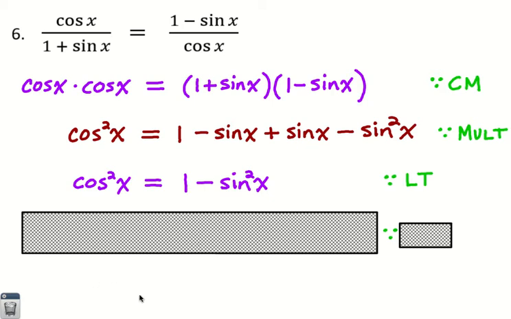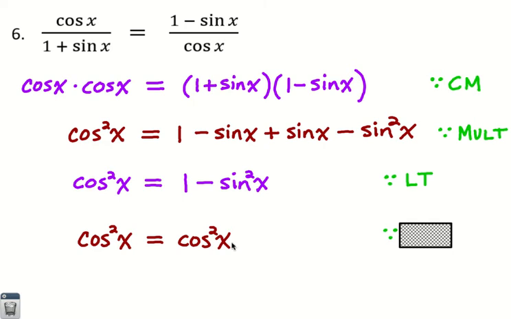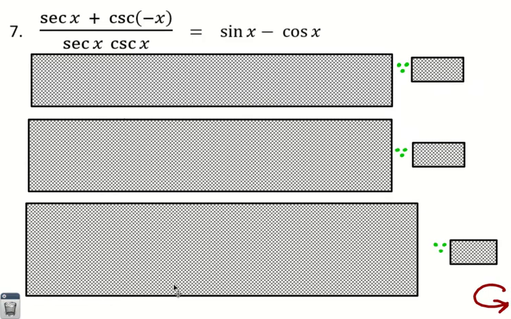Look, people, the Pythagorean identity is going to be something you need to apply a lot. Just accept it, okay? And whether you rewrite this as 1 minus sine squared of x, or what I did is I rewrote 1 minus sine squared of x as cosine squared of x because of the Pythagorean identity. And that's it for number 6.